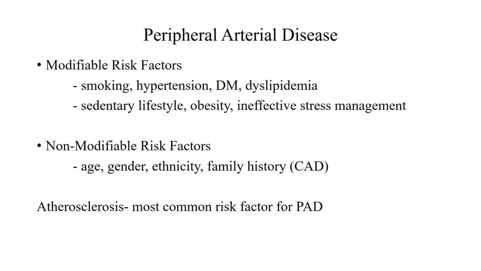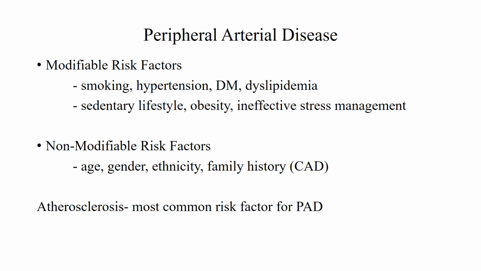So risk factors for peripheral arterial disease involve modifiable and non-modifiable risk factors. Modifiable risk factors are those factors that we can change, those factors that we can alter. Examples are smoking, hypertension, diabetes, dyslipidemia or high lipid or fat levels in the blood, sedentary lifestyle.